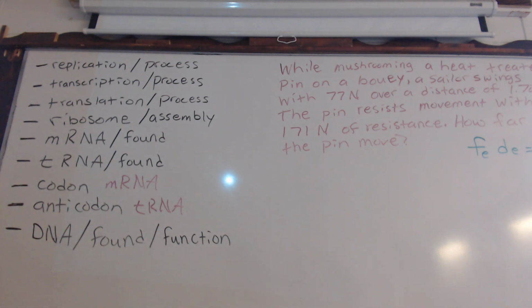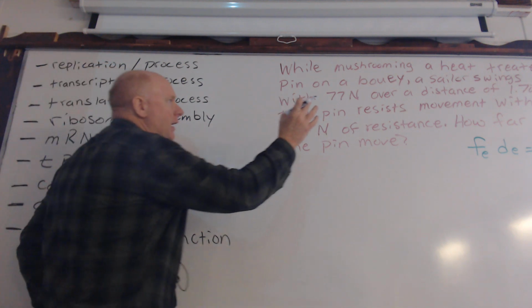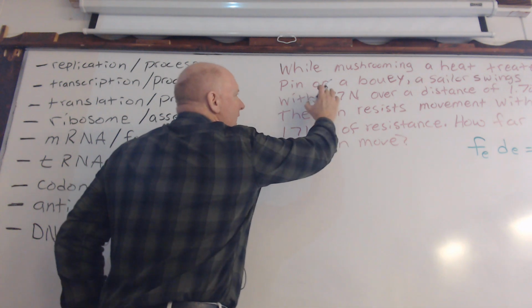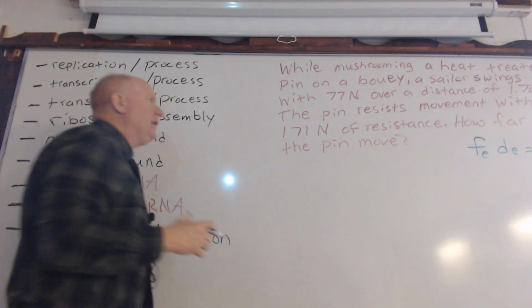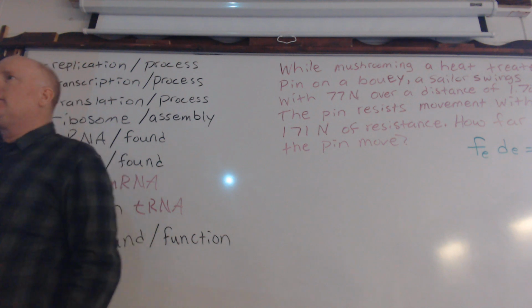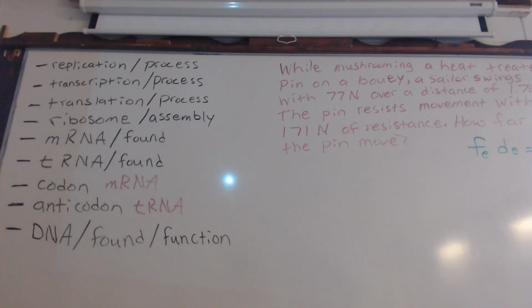So we want to use the terminology that we see here. Okay. Now, it says a sailor swings with 77 newtons. So if something is measured in newtons, it's telling you that it is a what? Force. It's a force. Now, use your intuition here.